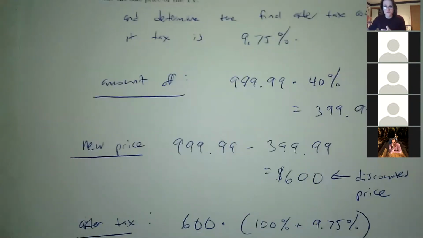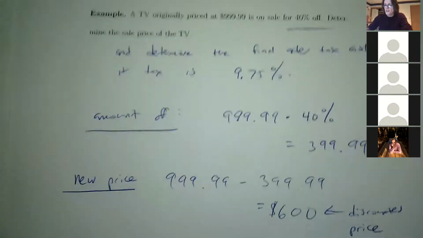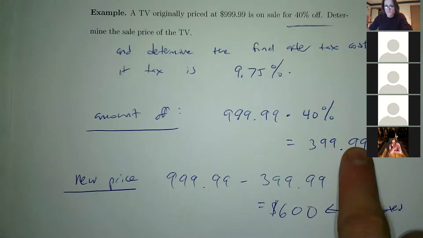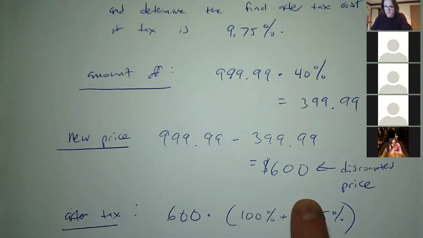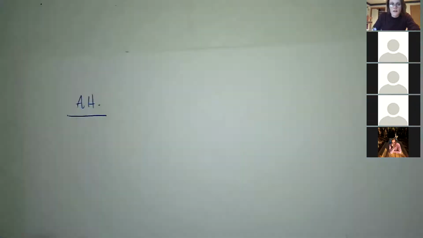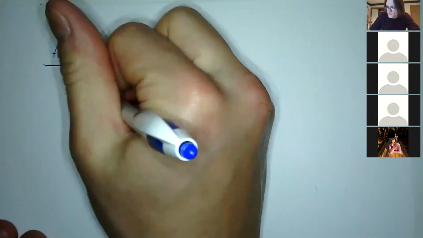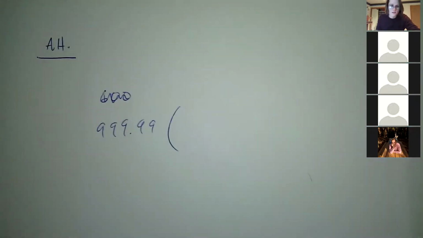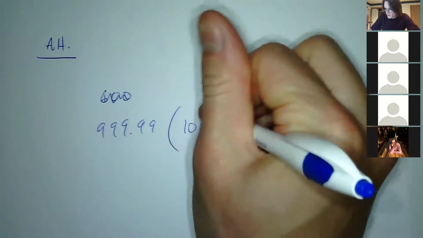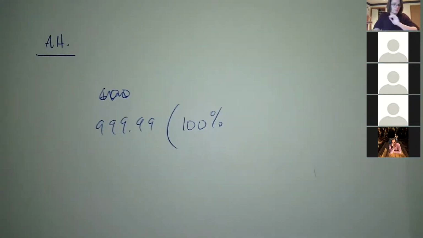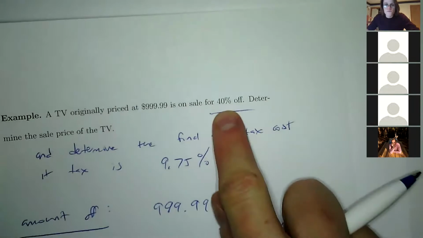But if you want to be fancier, instead of computing the amount off first and subtracting it to find the price, you can do it in one step. Alternatively, I have $999.99, and I'm going to take the 100%, and my discount is 40%, right?